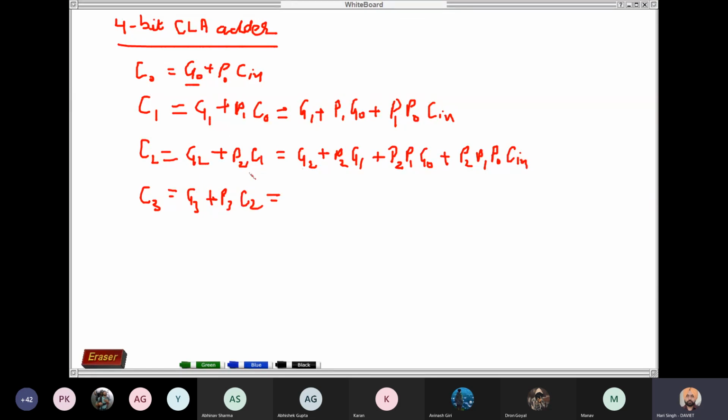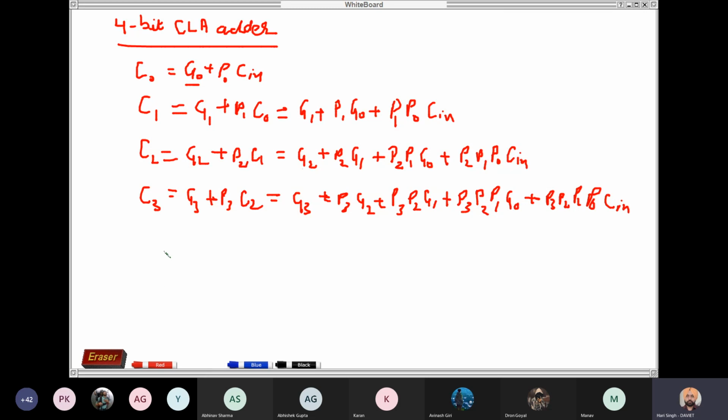Now put the value of C2, you will have C3 as G3 plus P3 into G2 plus P3 P2 G1 plus P3 P2 P1 G0 plus P3 P2 P1 P0 Cin.